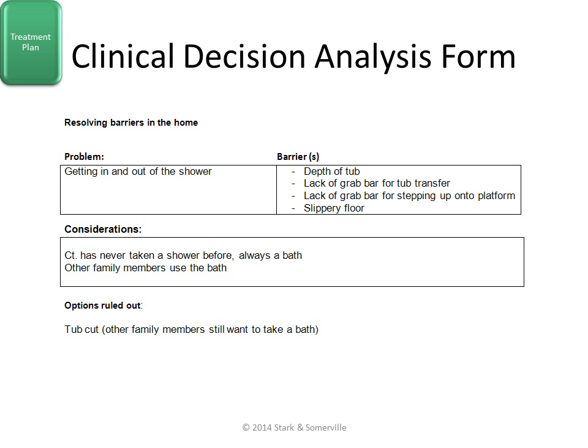So, for example, let's say the person has trouble getting in and out of the shower, and the barriers are the depth of the tub, the lack of grab bars for the transfer, and a lack of a grab bar because the tub was up on a platform to hold on to while doing that, and then the floor that's slippery. So things to consider, those personal factors.